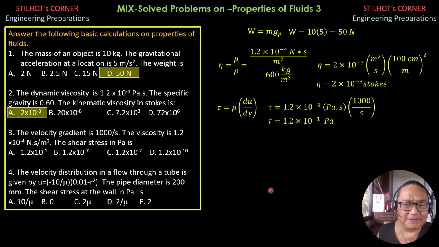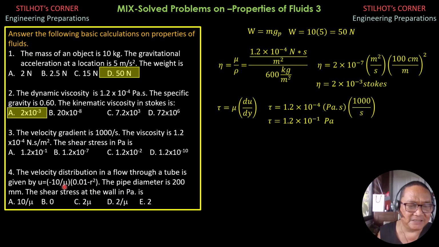Then number 4, the velocity distribution in a flow through a tube is given by u equals negative 10 over mu, or viscosity, times quantity 0.01 minus r square. So this 0.01 will have unit of meter definitely because the radius should also be in meter.